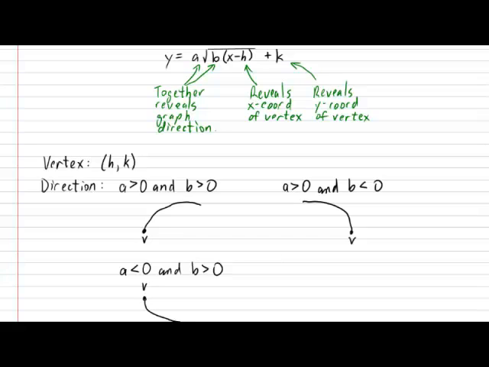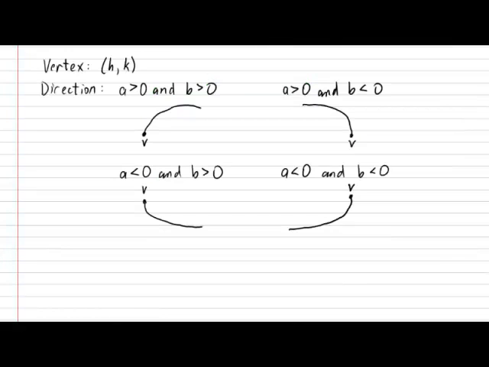And finally, the fourth scenario is what if both a and b were negative? In this scenario, again, the graph starts from the vertex, but this time the graph flies down and to the left of the vertex.